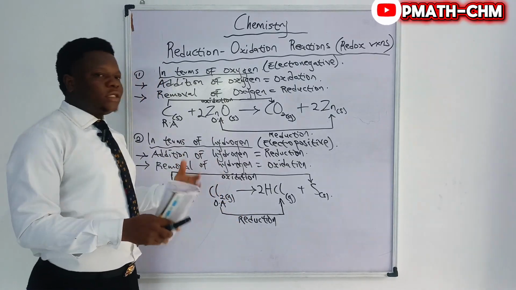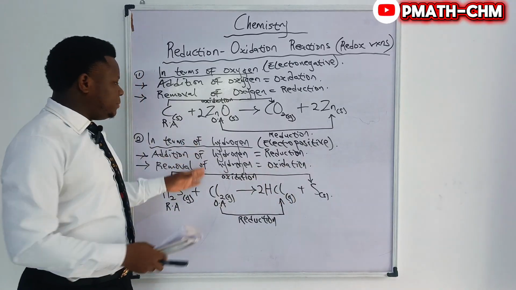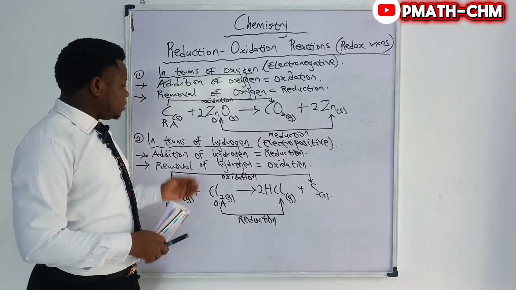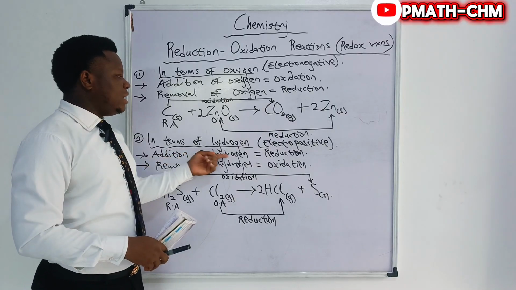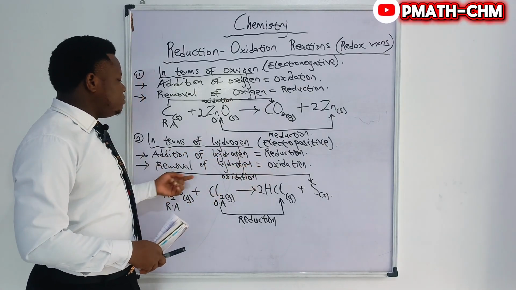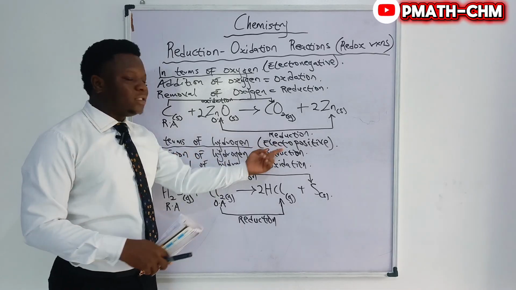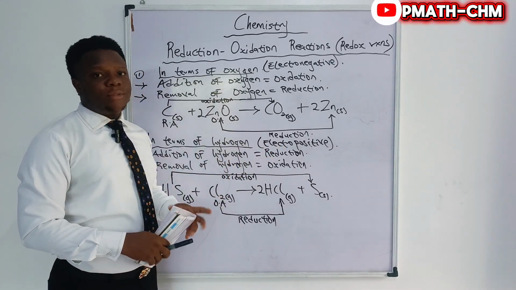If I say define oxidation and reduction in terms of electropositive element, you follow the definition of hydrogen. Reduction is the addition of an electropositive element, while oxidation is the removal of an electropositive element. So these are the preliminary definitions.